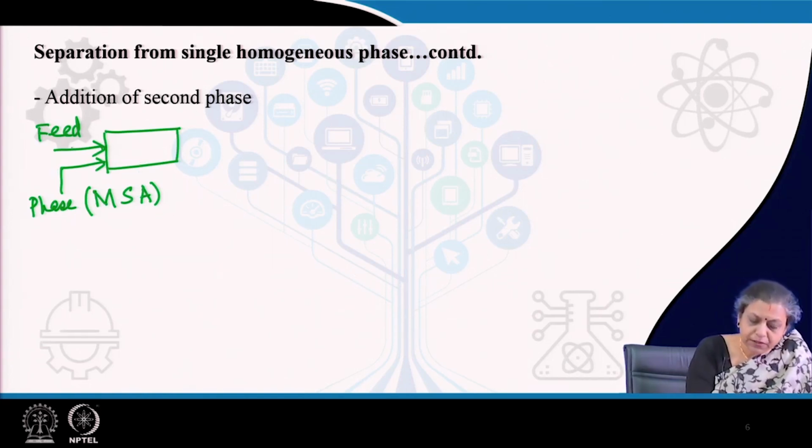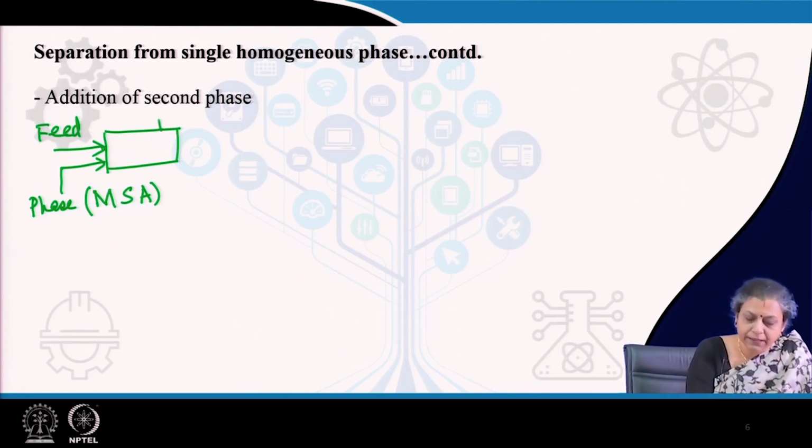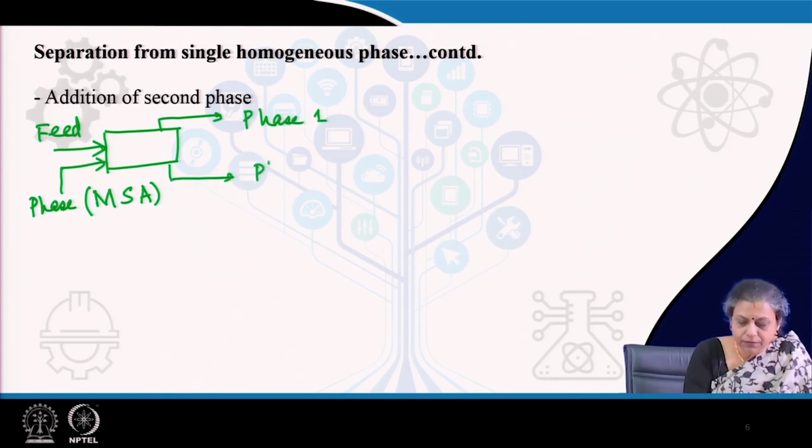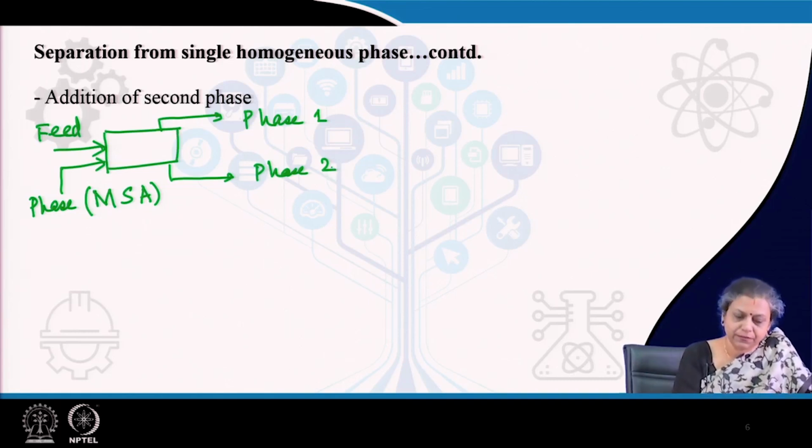So the feed and the mass separating agent are both introduced here, and they are allowed to be in intimate contact such that mass transfer occurs between them, and then finally the two phases are separated out. This is also one other way of performing the separation.